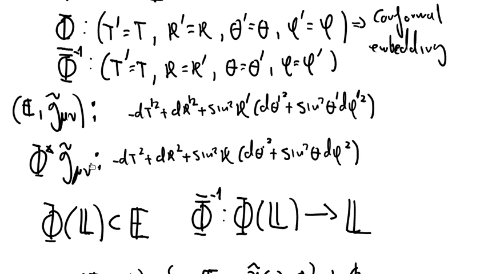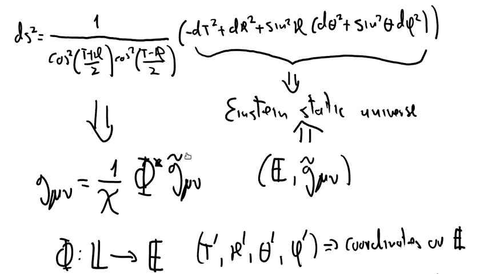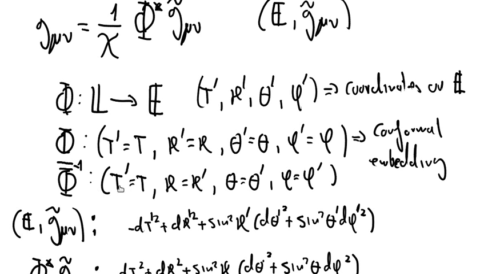We know the explicit expression of the pullback of G tilde mu nu. So we just replace this here and compare, and we realize immediately that chi is just the denominator of this quotient, and we have here the inverse of phi bar minus 1.